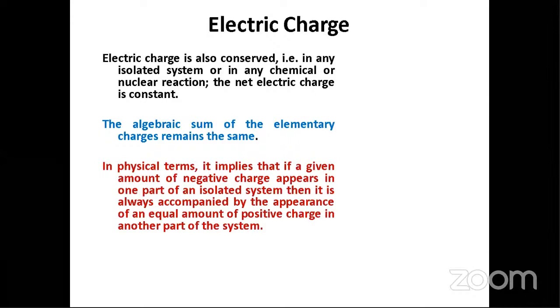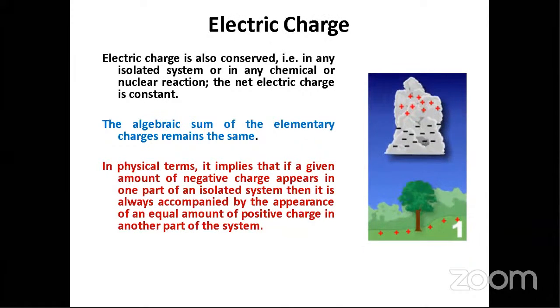If you get some positive charge in some place, remember that an equivalent negative charge is also present in another part of the system. Suppose in a charge cloud, the upper portion has positive charge and the lower portion has negative charge. The number of positive charges equals the number of negative charges. Wherever you get some charge, positive or negative, equal and opposite charge must be present in another part of that particular substance. You have to remember these things.